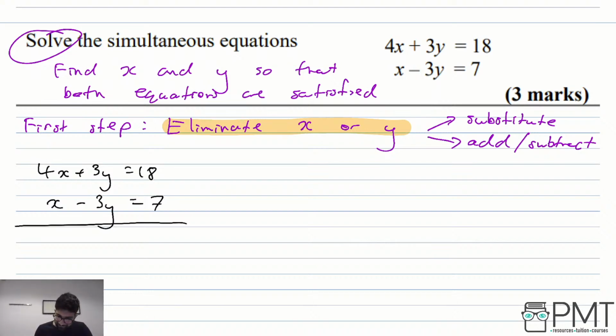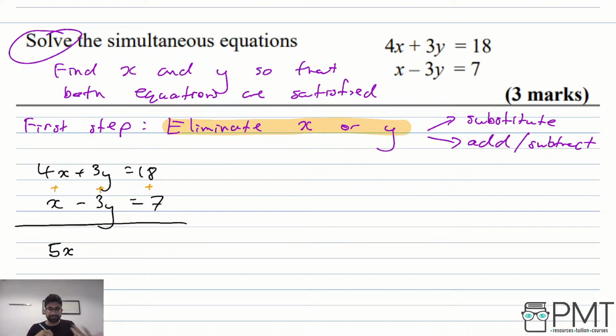So when you add these equations together, by adding, I mean you're going to add each term to the other corresponding term. So I'm going to add 4x to x. That's going to give you 5x. And the reason this works is 3y plus minus 3y is 0.